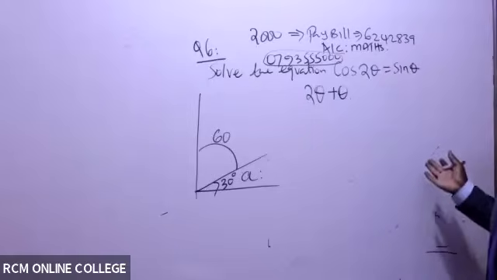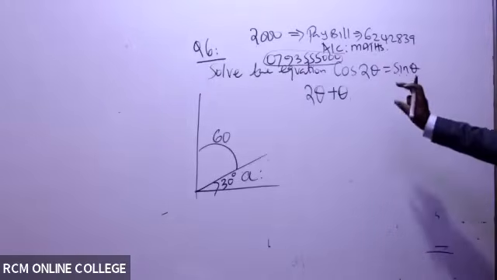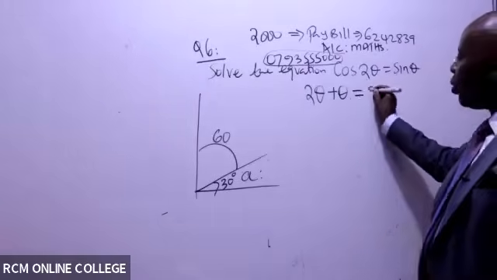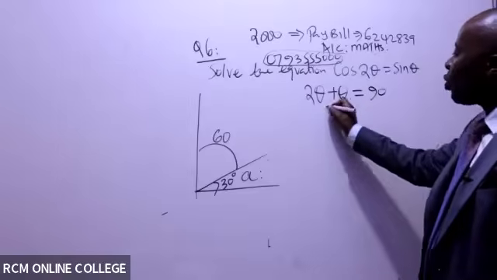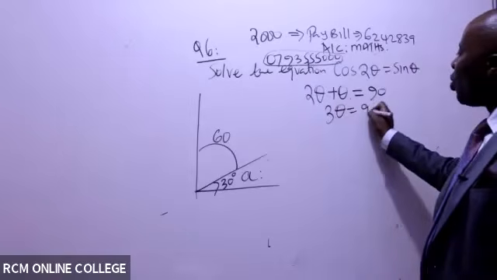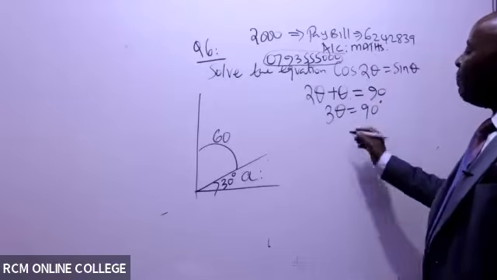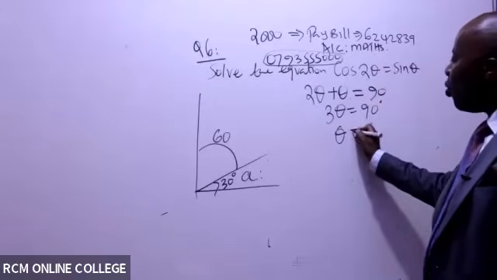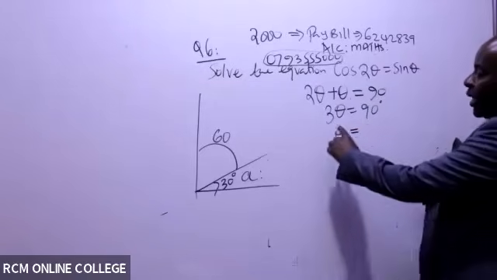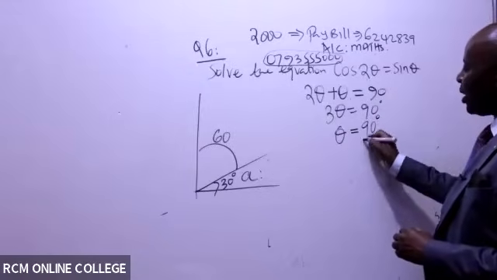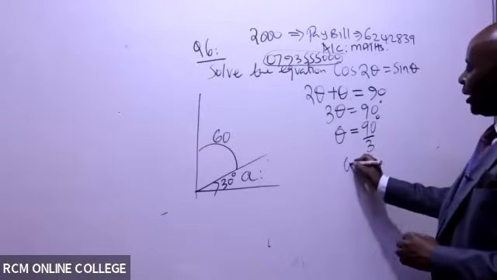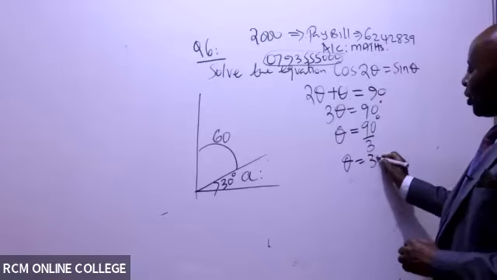So 2 theta plus theta should be equal to 90 degrees, meaning 3 theta equals 90 degrees. Dividing both sides by 3, theta equals 90 degrees over 3.